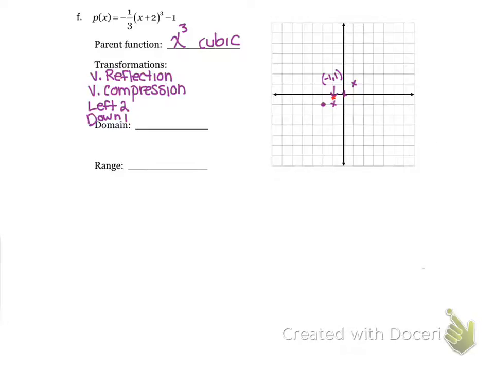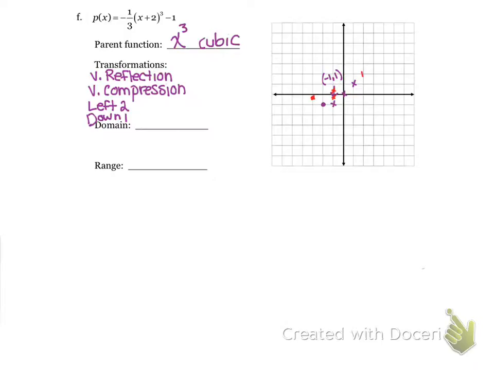And then you vertically reflect it. So it's going to go back up, and then we're going to go left 2, down 1, right here.